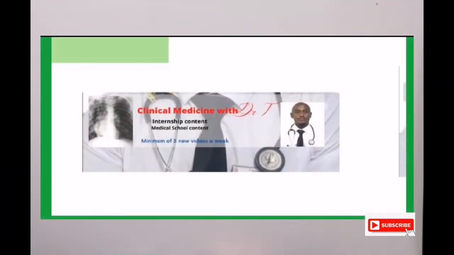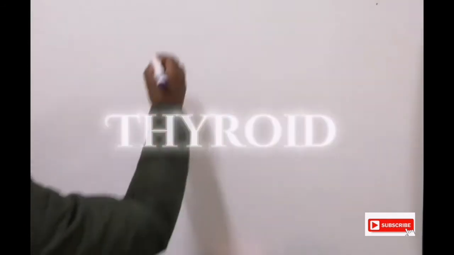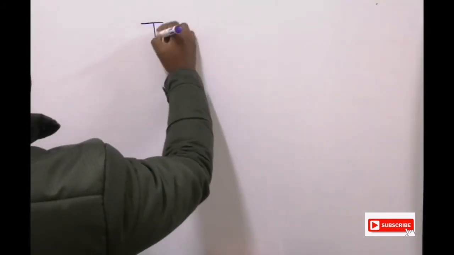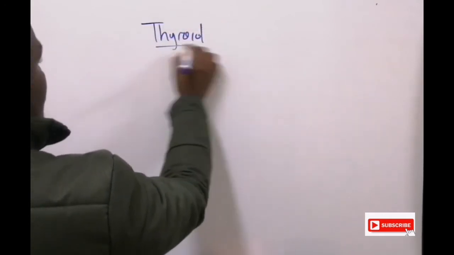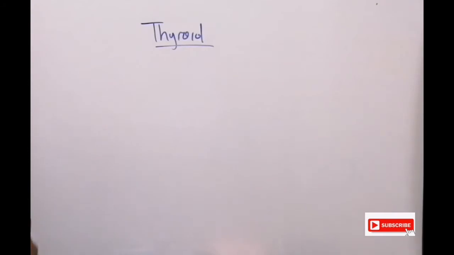So guys, we haven't done endocrine disorders. I just thought let me just throw in thyroid. So we're gonna start this series on thyroid. We're gonna start with the basic anatomy and physiology, and do the pathologies later on, clinical presentations, that kind of thing.